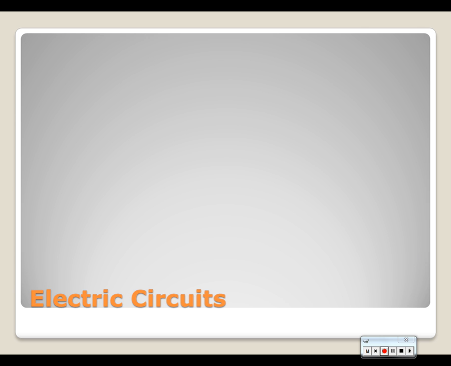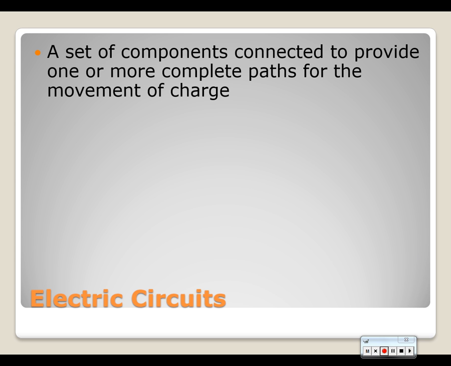So, first, definition of a circuit. A circuit is a set of components connected to provide one or more complete paths for the movement of charge. Remember, batteries are voltage sources.